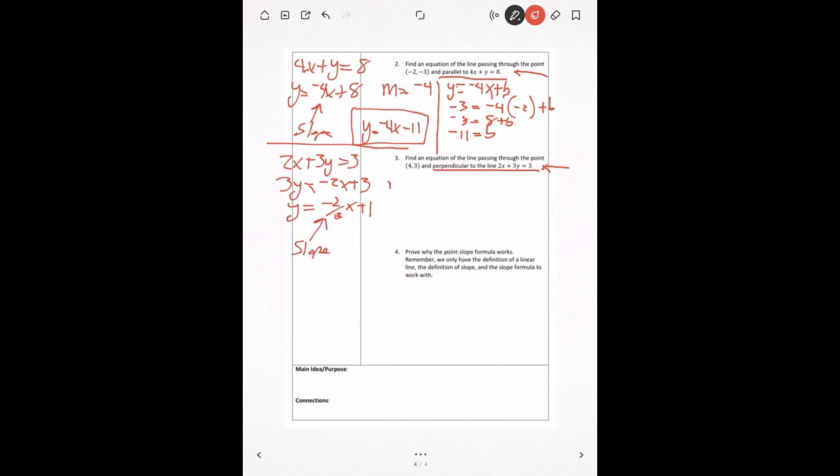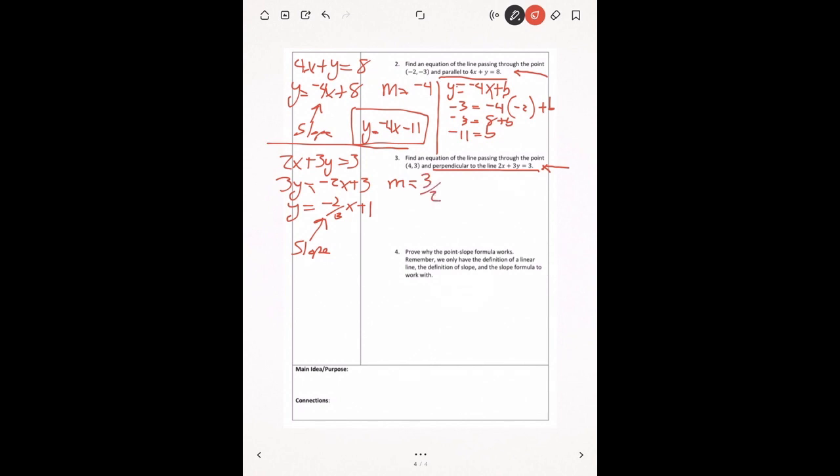Now my slope has to be perpendicular to this slope. They tell me my line is perpendicular to the line 2x plus 3y equals 3. If the slope of that line is negative 2/3, my slope better be 3/2.